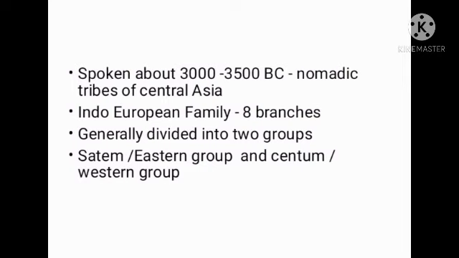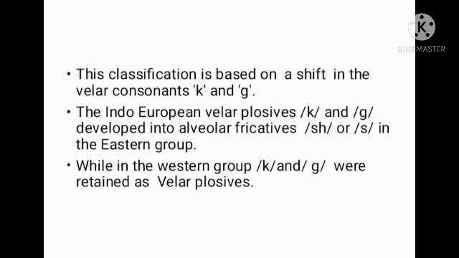The Indo-European family includes 8 branches, each of which has several subdivisions. The 8 branches have generally been divided into 2 groups, the Satem or Eastern group and the Centum or Western group. This classification is based on a shift in the velar consonants k and g.